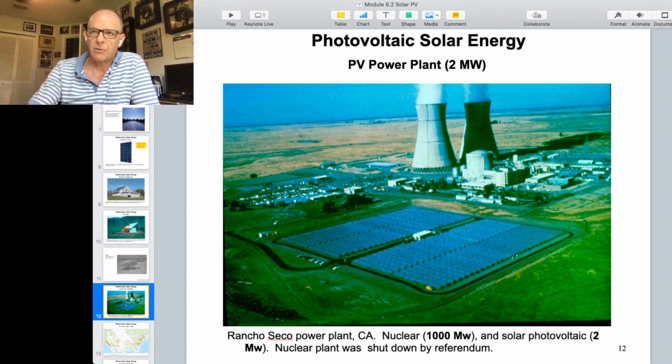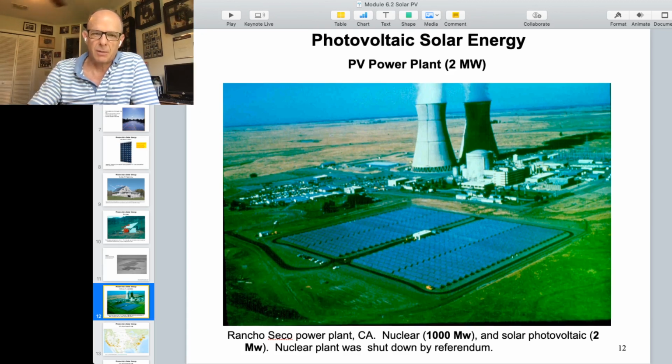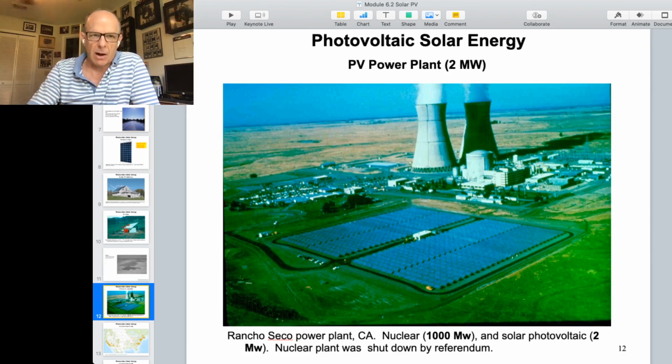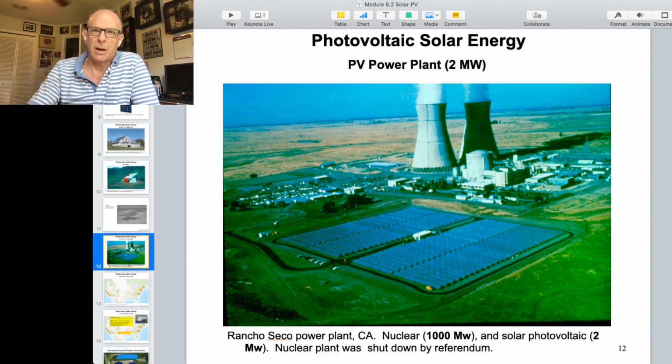That's where the nuclear reaction is taking place. And they've installed a small solar photovoltaic plant sort of in their backyard. And the power output of that solar photovoltaic plant is 2 megawatts, or 500 times smaller than the output from that nuclear power plant.